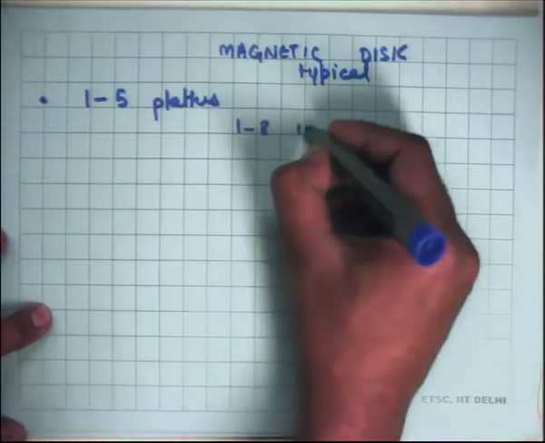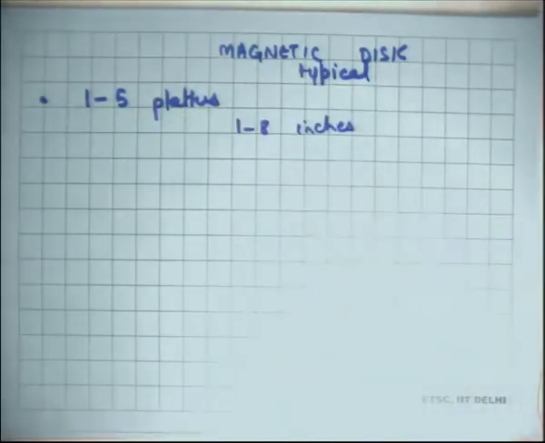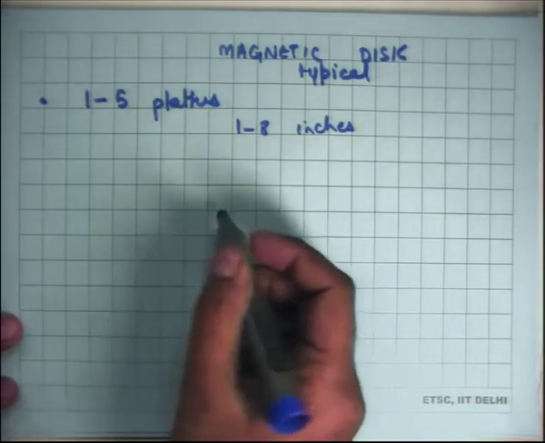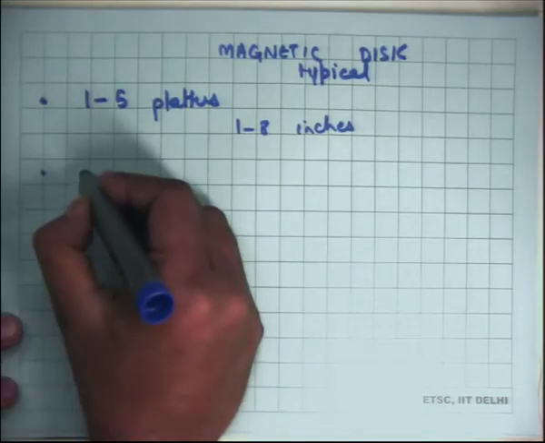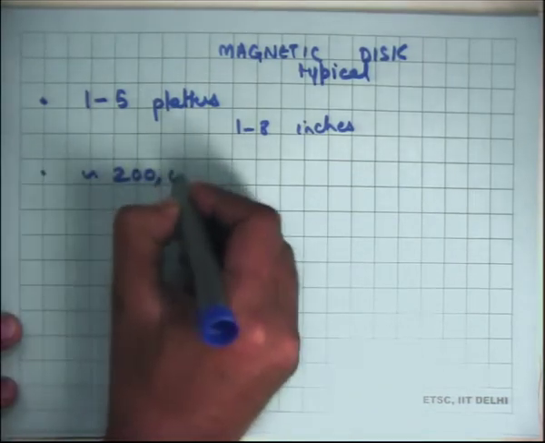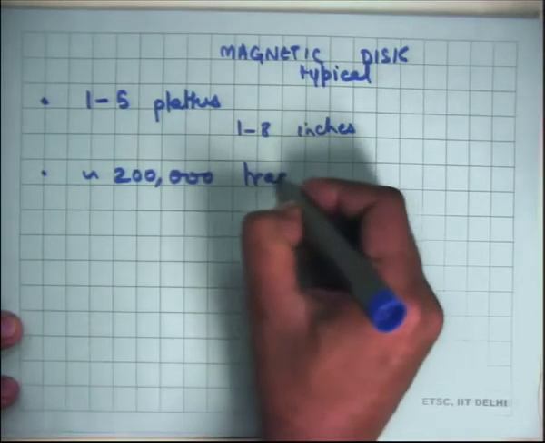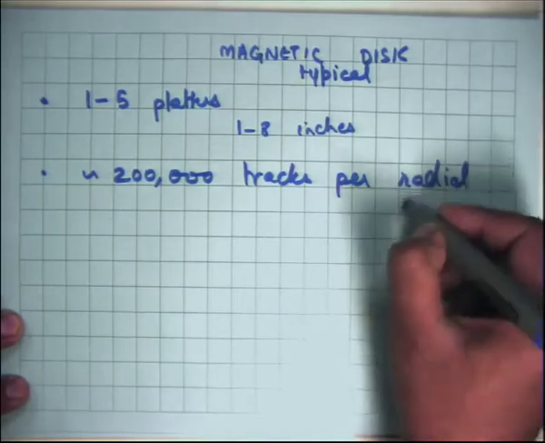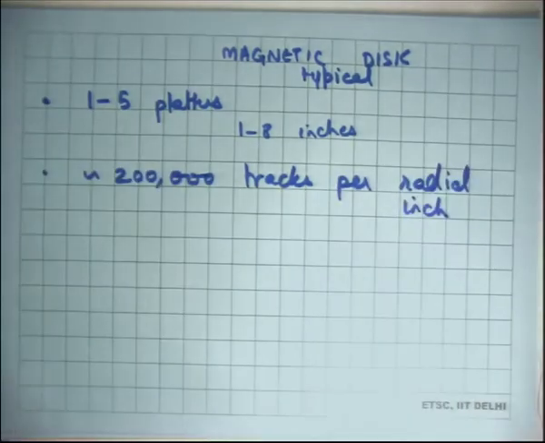If you have ever seen a hard disk, you will see that it's a package which is roughly this thick, 1 to 8 inches, and will have 1 to 5 platters in it. Roughly 200,000 tracks per radial inch, right. So that's the density at which the tracks are packed radially.